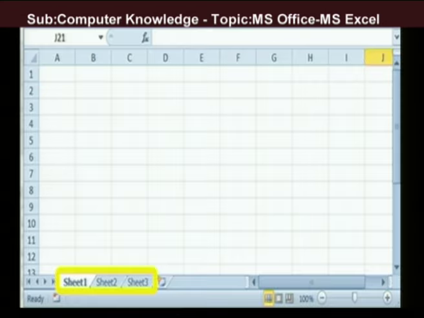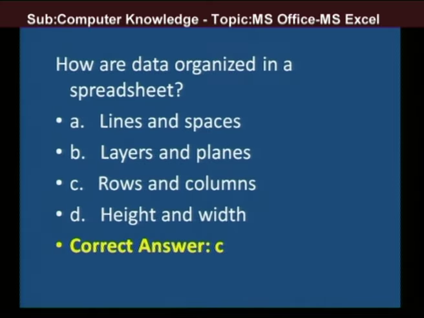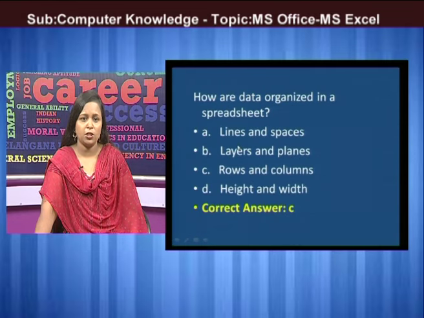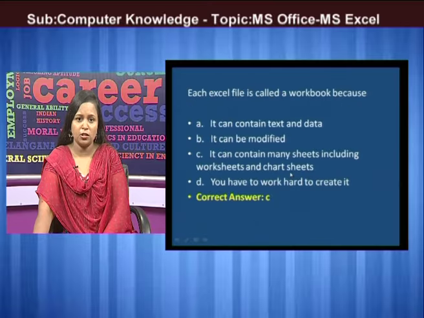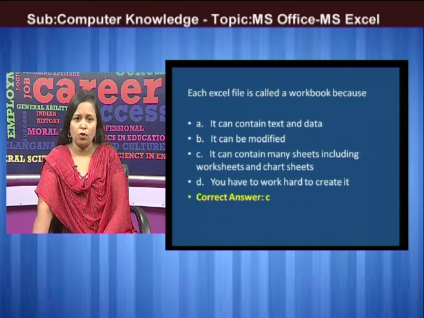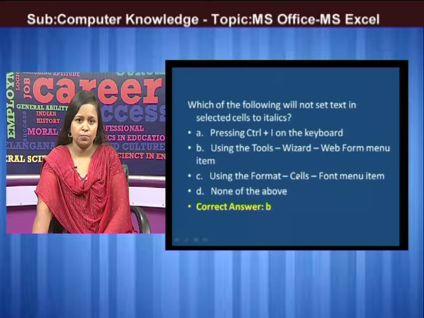This is the ribbon menu, this is the sheet. Next, how is data organized in a spreadsheet? It is organized in rows and columns. A workbook contains many sheets, including worksheets and chart sheets.